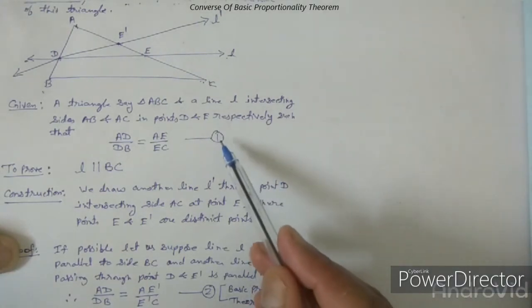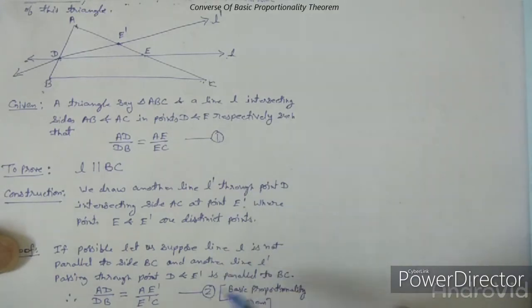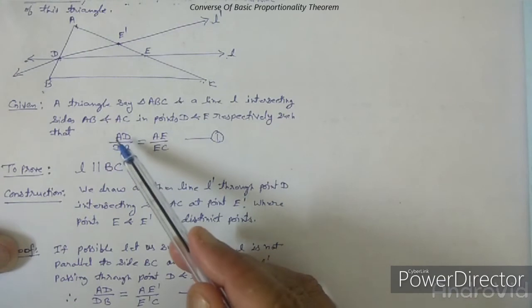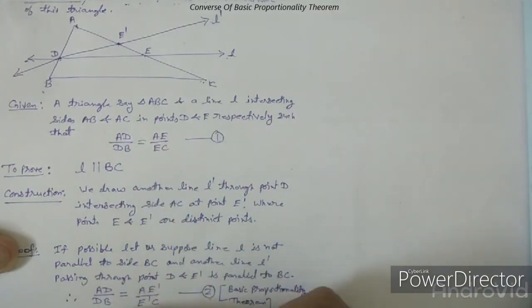Now look at equations 1 and 2. Left hand side of both the equations is AD upon DB, that is, these are same. So right hand side of these equations must be same.